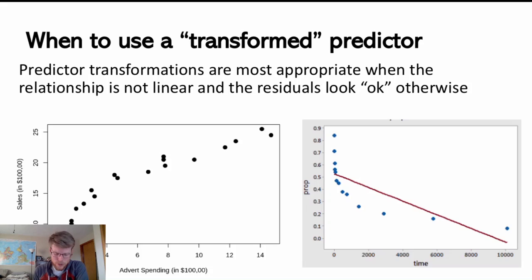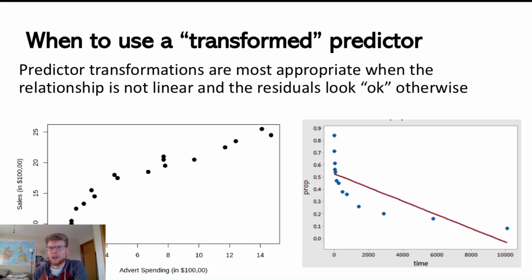It's not going to make sense for me to try to fit just a straight line here, but instead I need some kind of curved formula, some curved representation between the predictor and the response. So this example on the left would be a situation where a polynomial term would help a lot. The situation on the right would be a situation where it's actually a logarithm that would work really well.